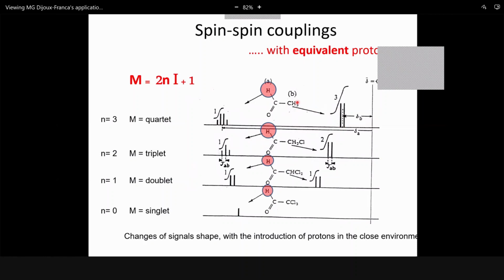And as they are coupled to only 1 proton here, they have a multiplicity as a doublet. But the surface under the peak is 3 times higher than the surface under the peak of the aldehyde group, because here I have 3 protons with the same frequency of resonance, because they have the same chemical environment in the structure. So the integration is equal to 3.